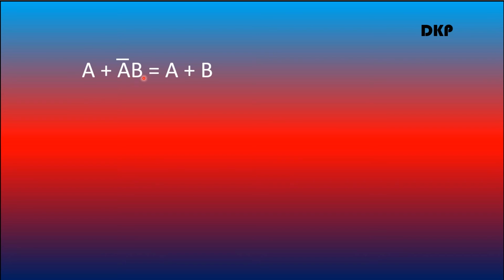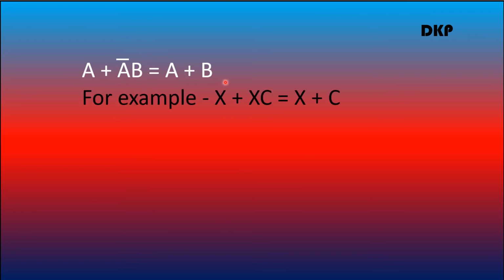Here you can note that the first variable A plus the complement of the first variable A bar into another variable B is equal to A plus B. For example, x plus x bar C is equal to x plus C. Here instead of x we have used A, instead of C we have used B.